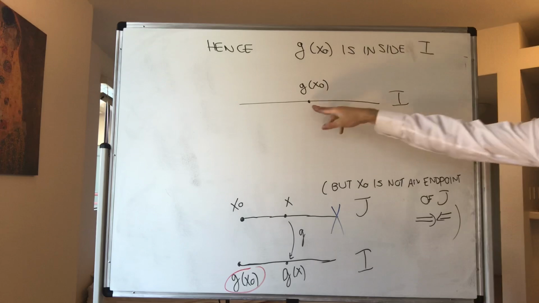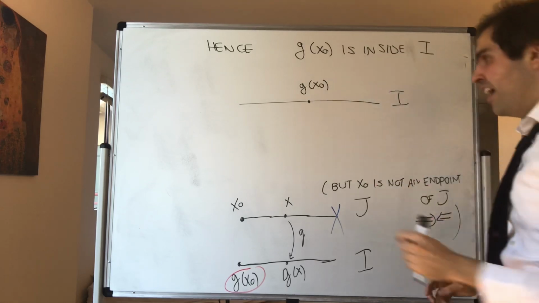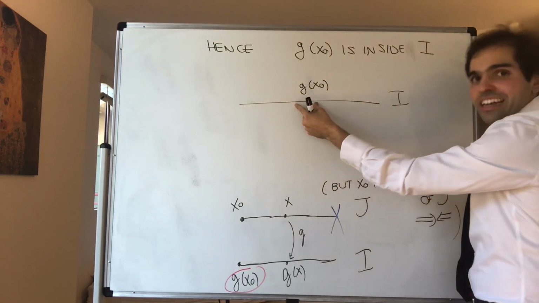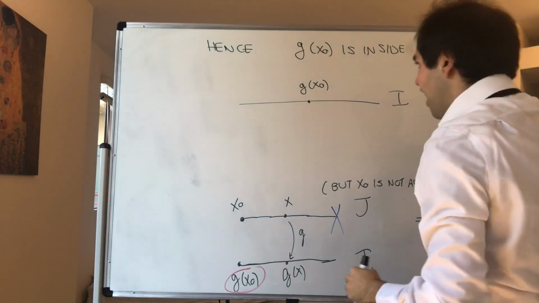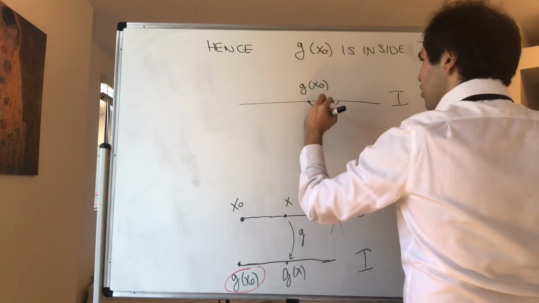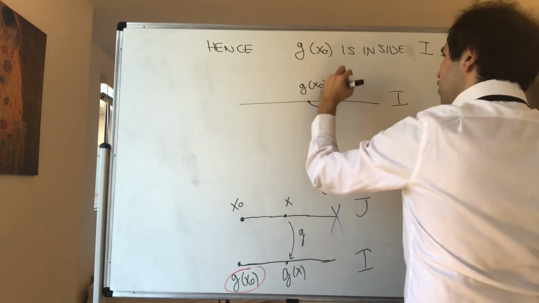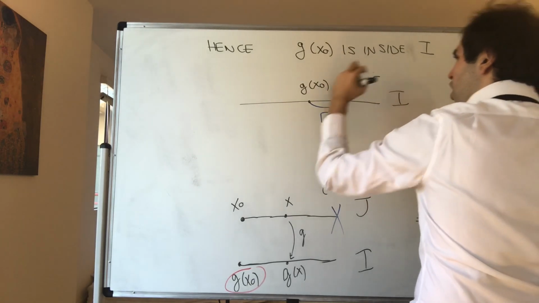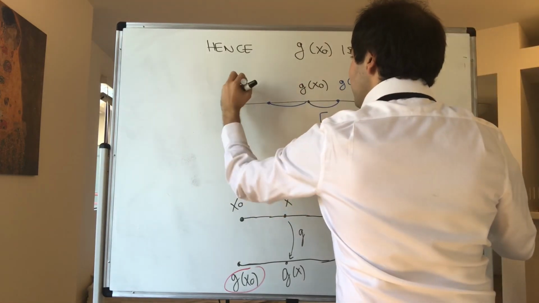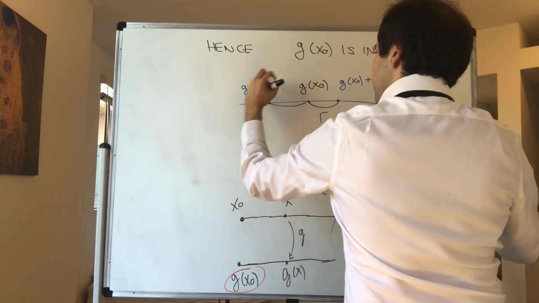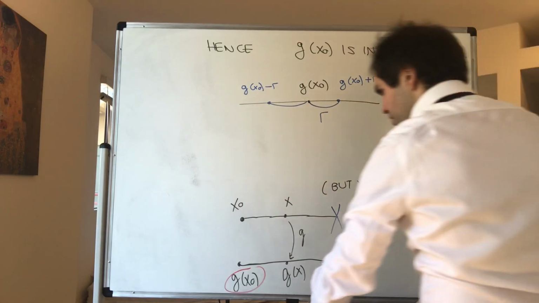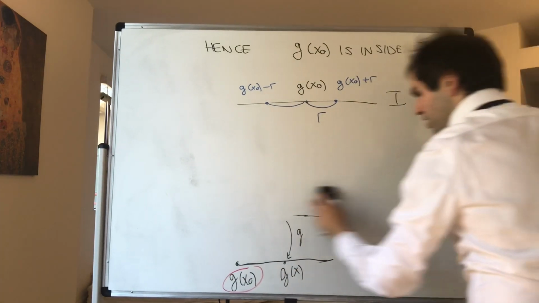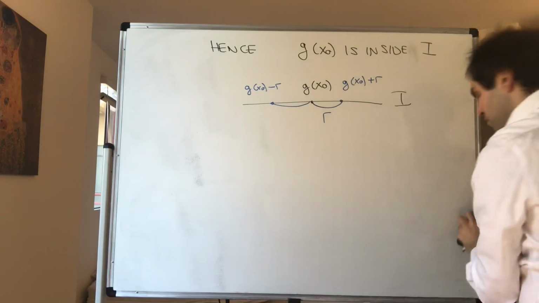Since it's in the interior of I, if you move around a little bit, you're still in I. So for r small enough, we can guarantee that g of x naught plus r and g of x naught minus r are still in that interval.